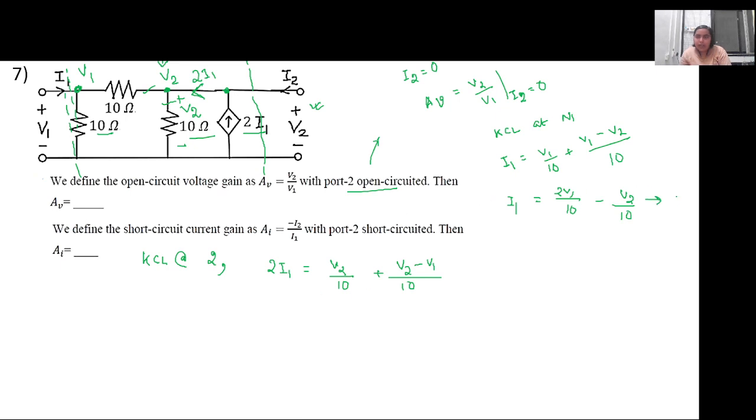Now I already have I1 from equation 1, so I'll just plug it into this equation. So it will be 2 into (2V1 by 10 minus V2 by 10) will be equal to V2 by 10 plus, if I simplify this side, 2V2 by 10 minus V1 by 10.